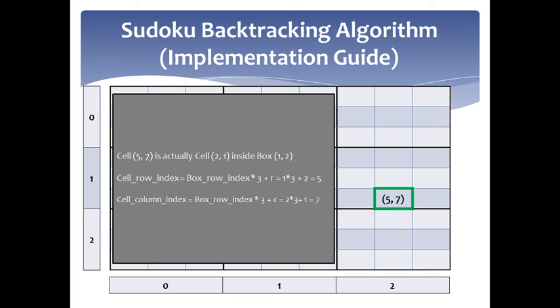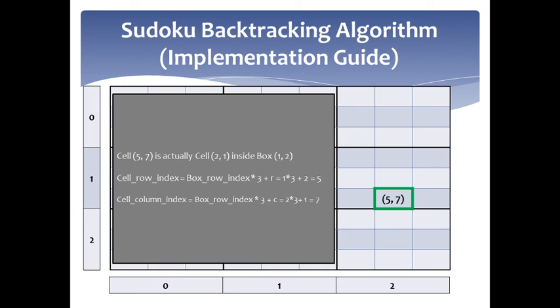But if you think about it, it is just cell 2, 1 when referenced to the 3 by 3 box that it belongs to. From here on, we define R and C as the row and column indices of a cell, respectively, in reference to the box the cell belongs to.